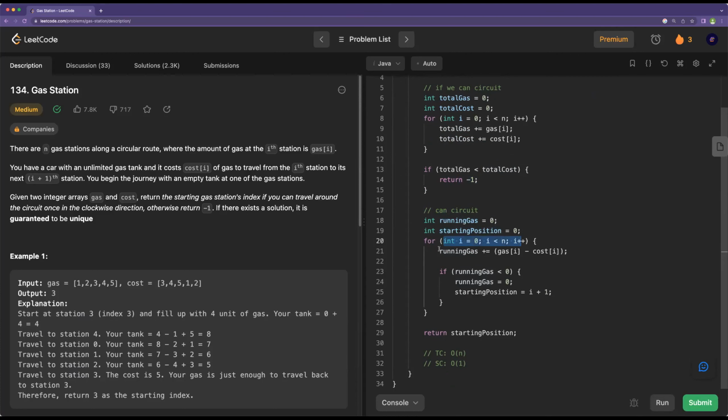We iterate over each gas station and keep track of the running gas. If running gas gets less than 0, then we reset the running gas and update the starting position. Because we know if we are not able to go from the starting position to a certain position, we cannot go from the middle positions as well. So we update the starting position to be i plus 1, and finally we return the starting position.